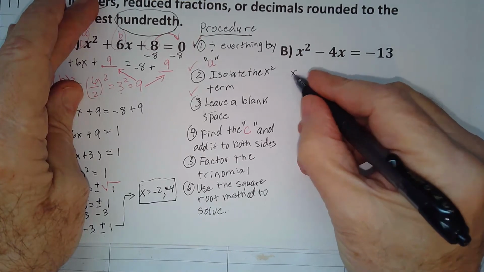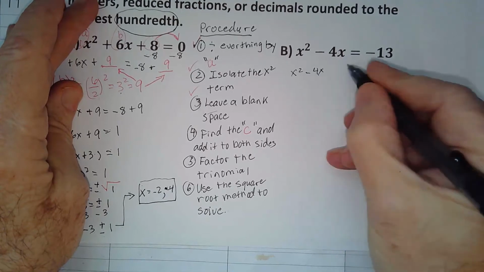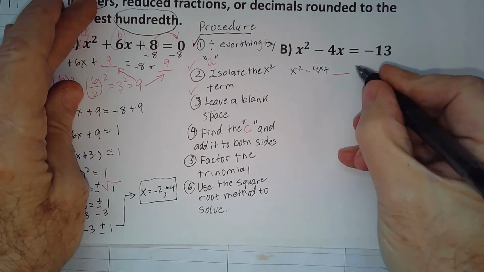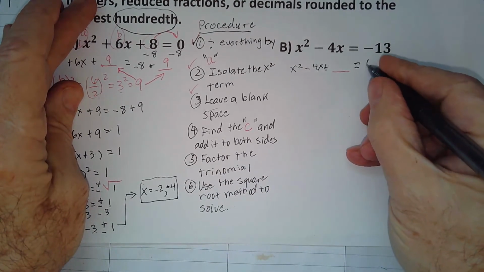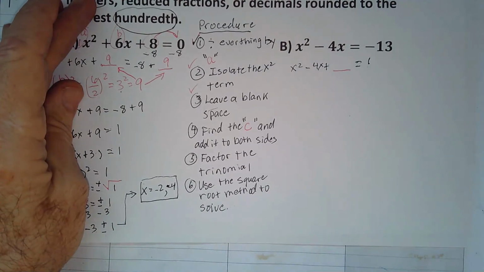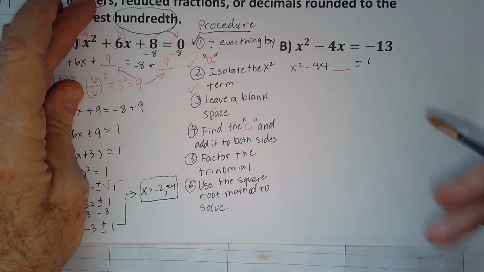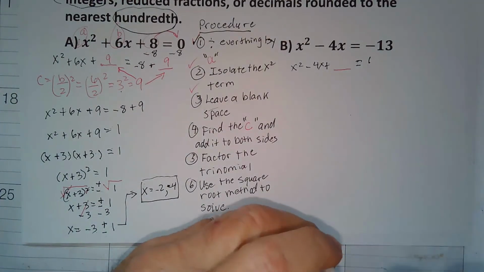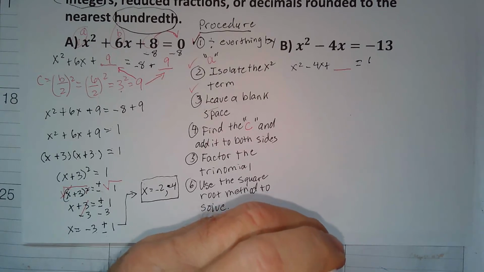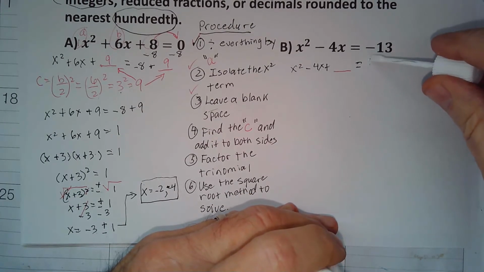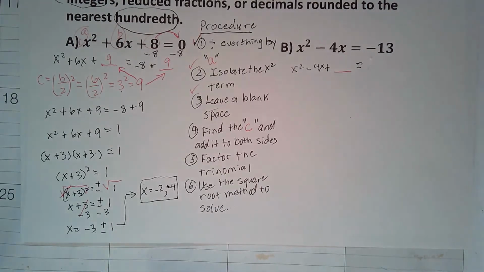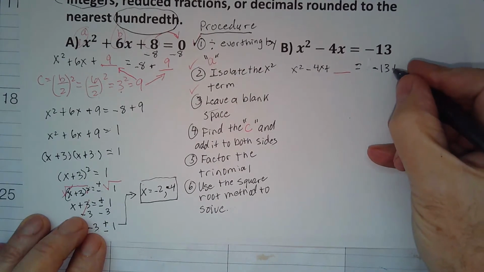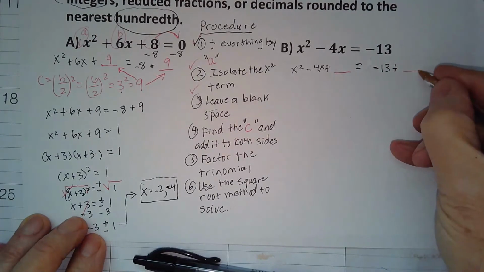So let's see, x squared minus 4x plus blank equals negative 13 plus another blank. Okay. All right.